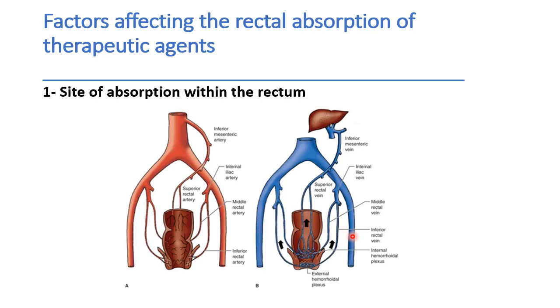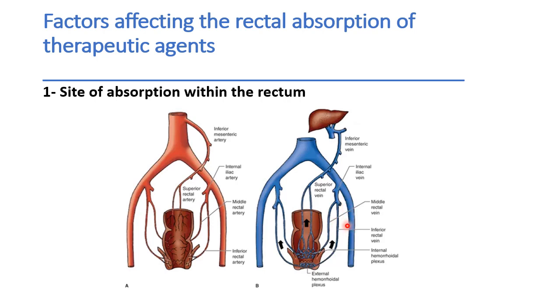The site of absorption will affect the fate of the therapeutic agent within the bloodstream. So if absorption takes place through the superior rectal vein, then it's going to go to the liver where metabolism takes place, while if absorption happens through the middle and inferior rectal veins, then the medicine will go directly to the systemic circulation.